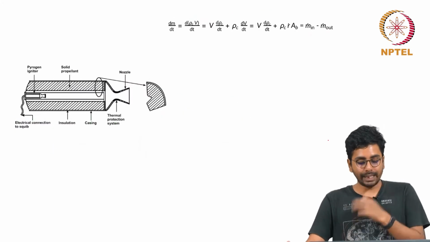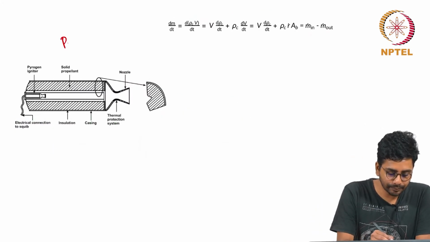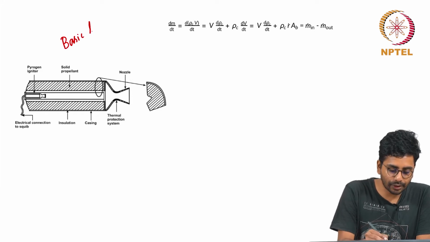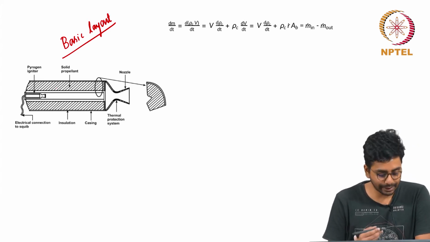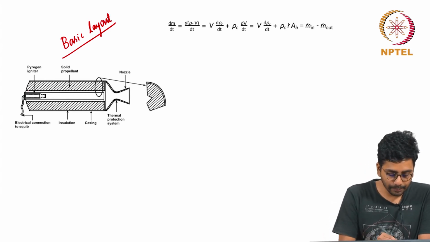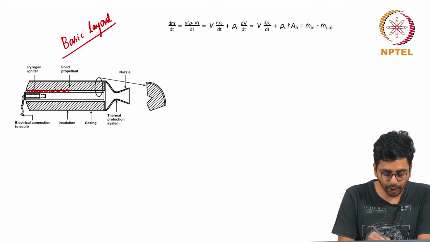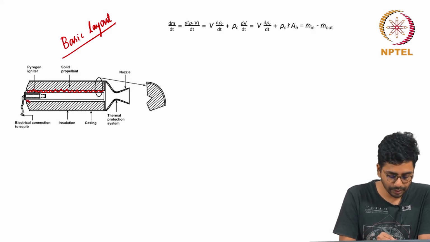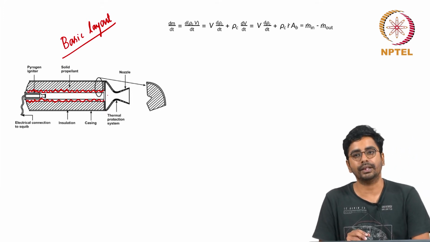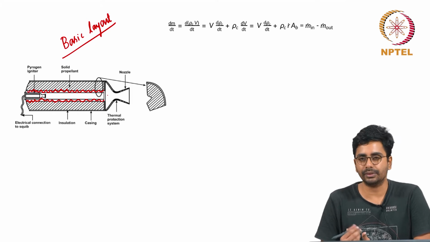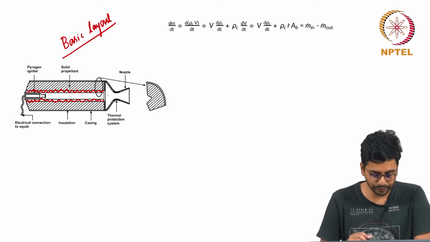Let us go into some details. This is a basic layout of a solid rocket. Once ignited using a pyrogen igniter in this case, the propellant starts burning normal to itself along the local normal, and the solid propellant will get converted into hot gases at very high temperatures, typically about 3000 kelvins.